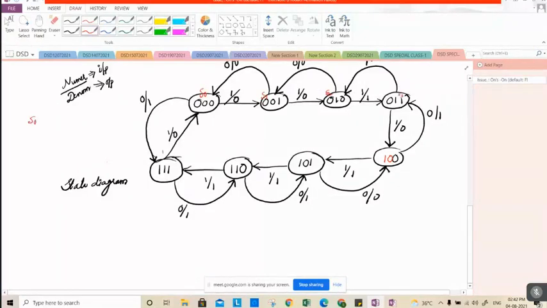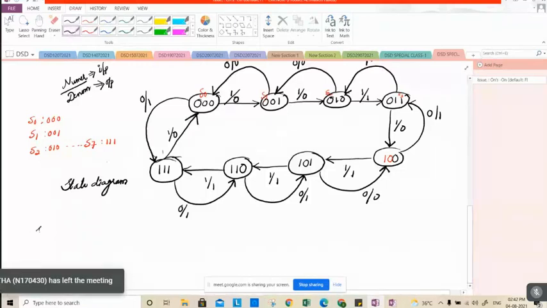They will be saying that S0 is for 000, S1 is for 001, S2 is for 010 and so on, S7 is for 111. They represent it like that, and we have directly represented the conditions here.